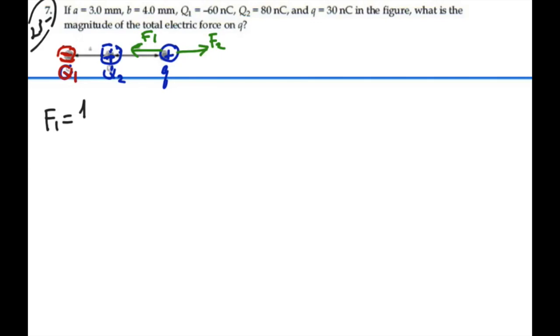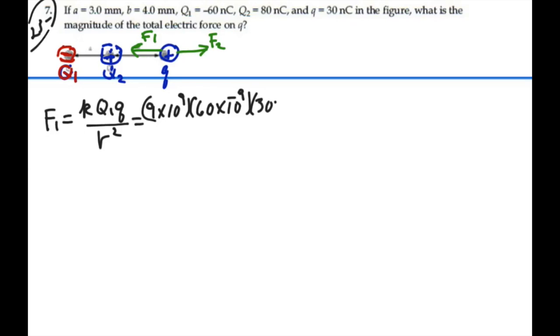F1 is equal to K Q1 little q over the distance between them squared. That's going to be 9 times 10 to the 9 times Q1, which is 60 nanocoulombs, and we leave out the minus sign because we've already determined the direction. And we have little q, which is 30 nanocoulombs.